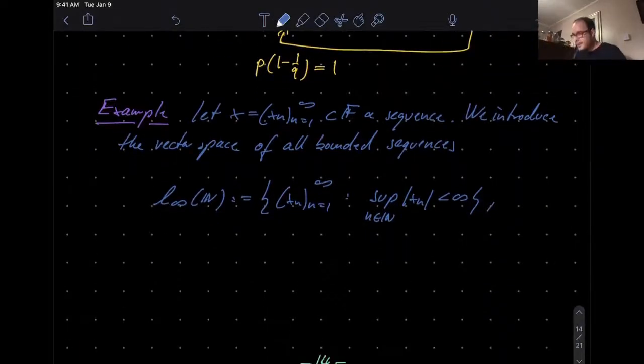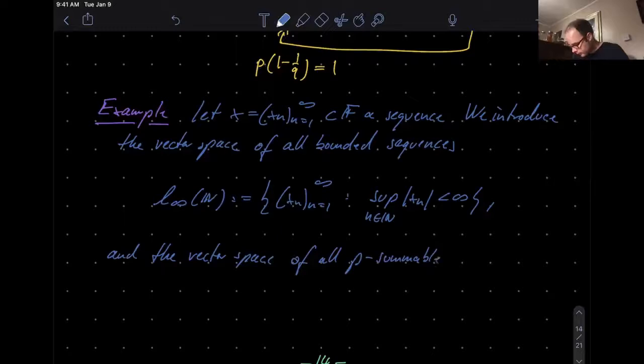Okay, so we have the bounded sequences, and the vector space of all p-summable sequences. So this is really the discrete analog of these integrals.